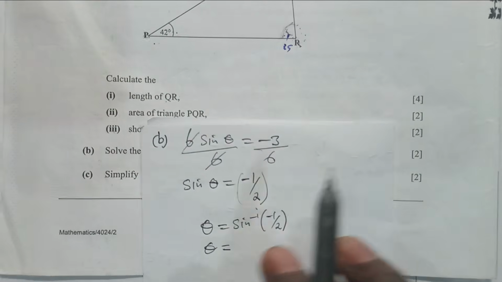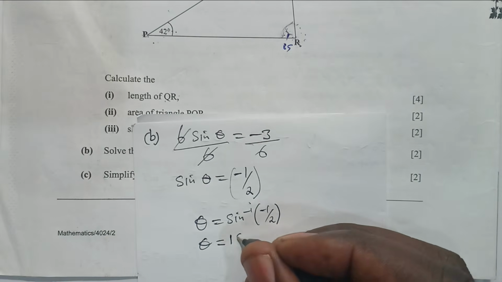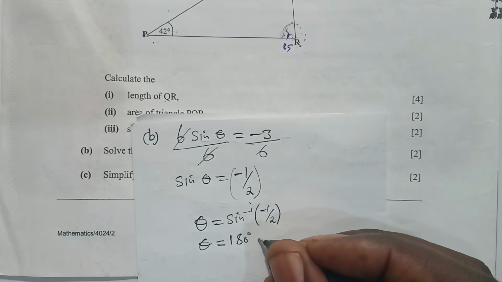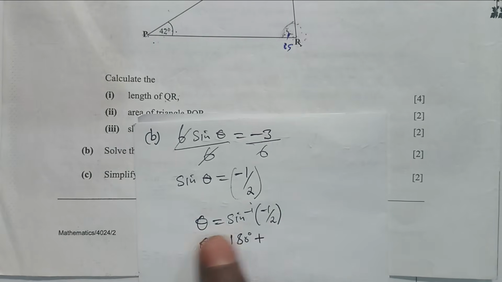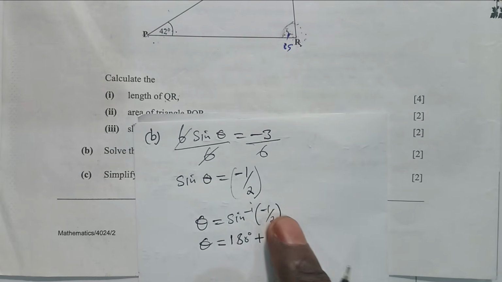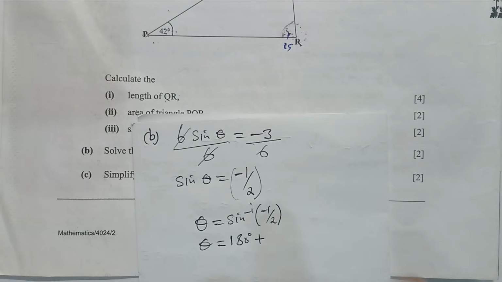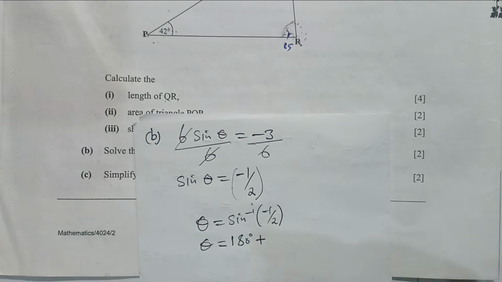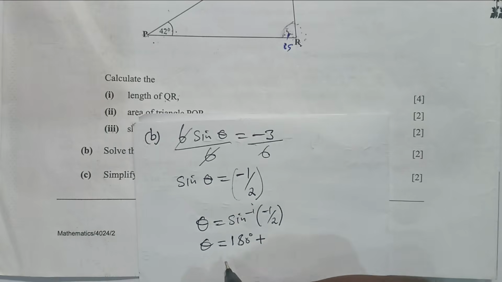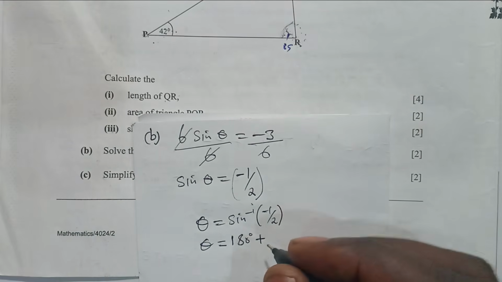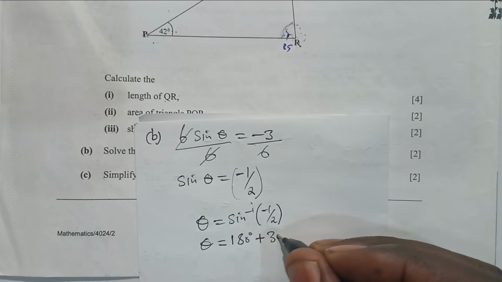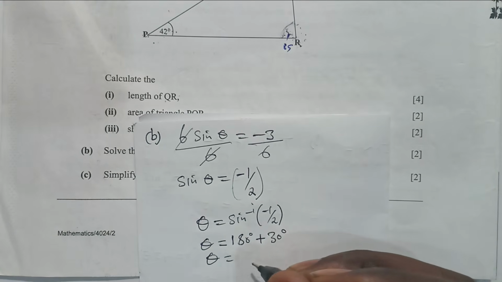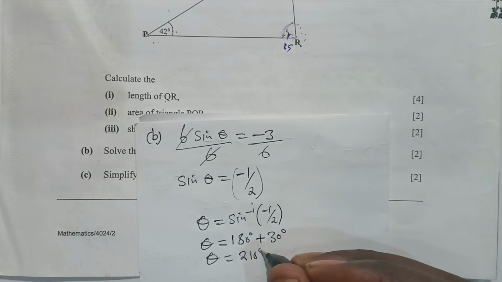So theta is going to be 180 degrees plus, when we punch on the calculator sine inverse of -1/2, we have 30 degrees. So that 30 is what we add. Theta is equal to 180 degrees plus 30 degrees, and our theta is going to be 210.